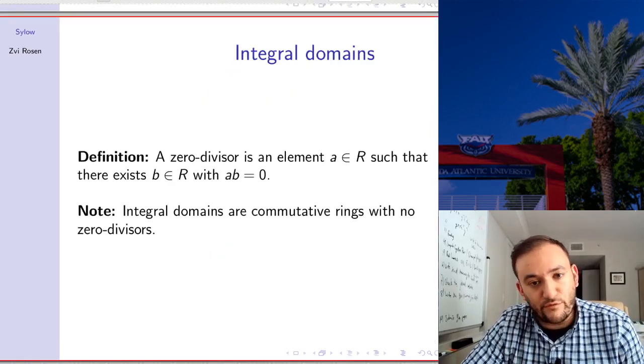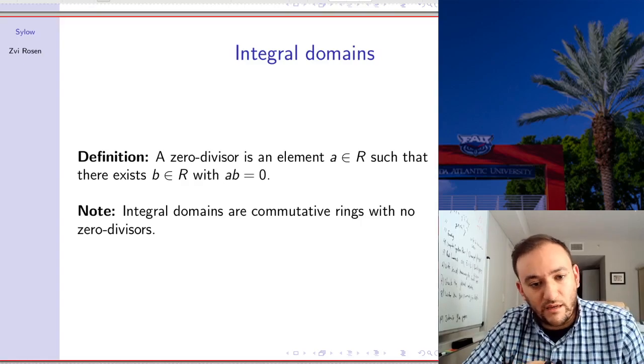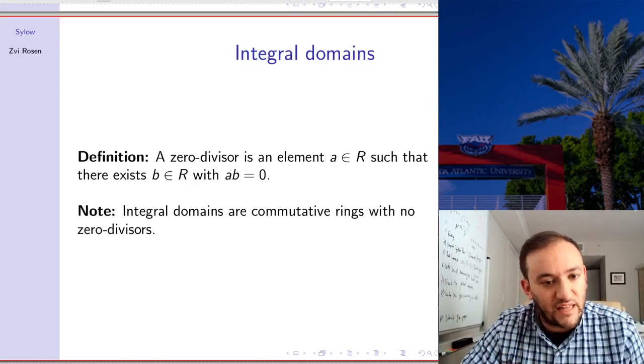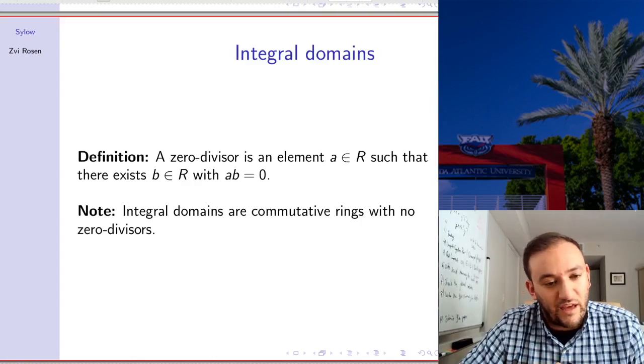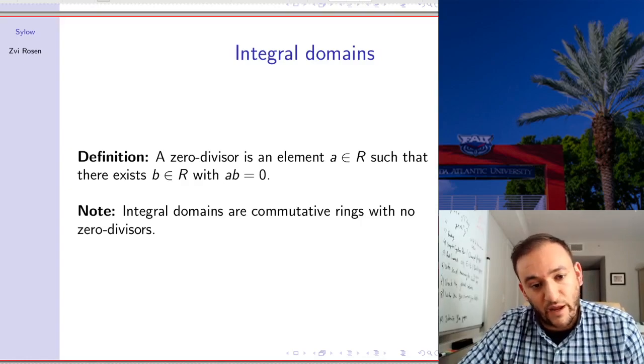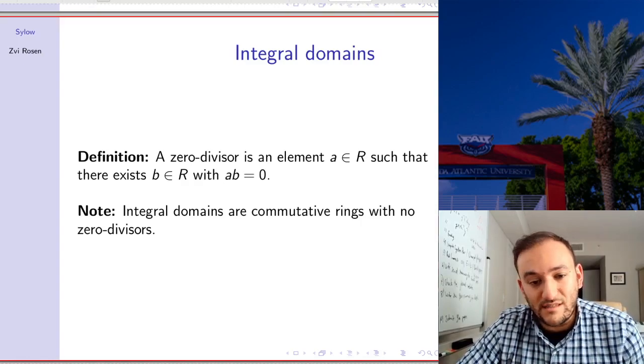So without further ado, I just wanted to make a couple of corrections or additions. I think I forgot to define zero divisors in last class, and we'll do that now. A zero divisor is an element A in R, where R is our ring, such that there exists B in R with AB equals 0.